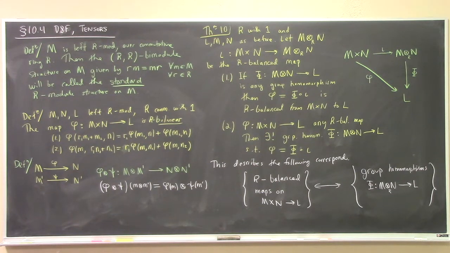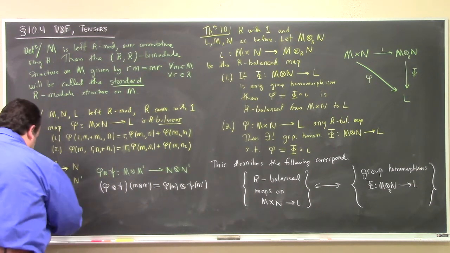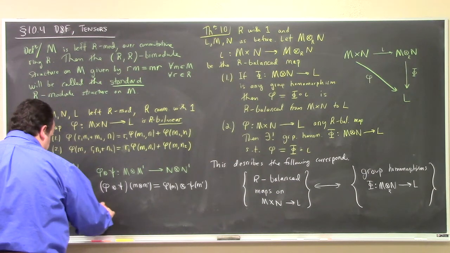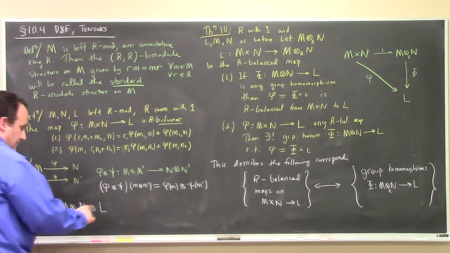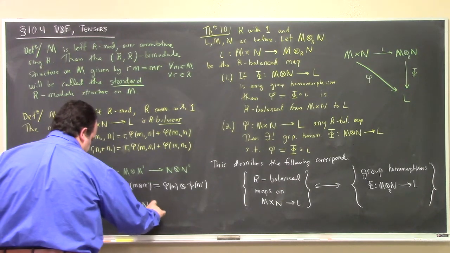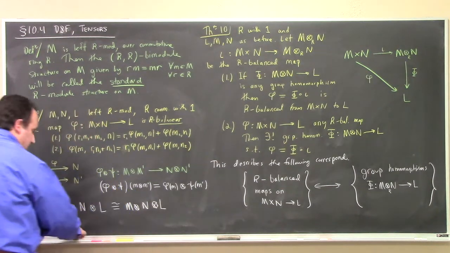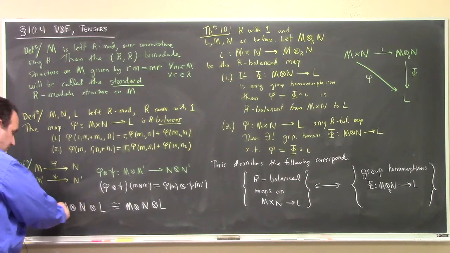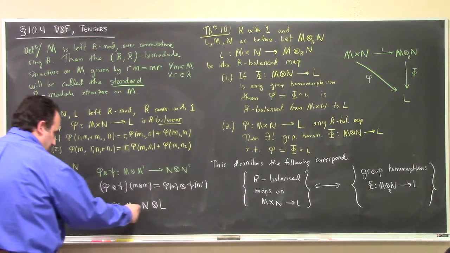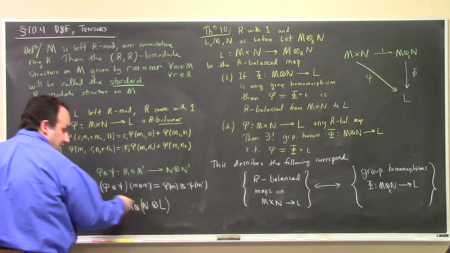All right. Let's see, what else can I tell you? The other interesting thing about the tensor product is if you have the tensor product of three modules, M tensor N tensor L, and I'm hiding some details here, then this is isomorphic to M tensor N tensor L, where you can do this one first, then that one, or you can do these two first and then that one.